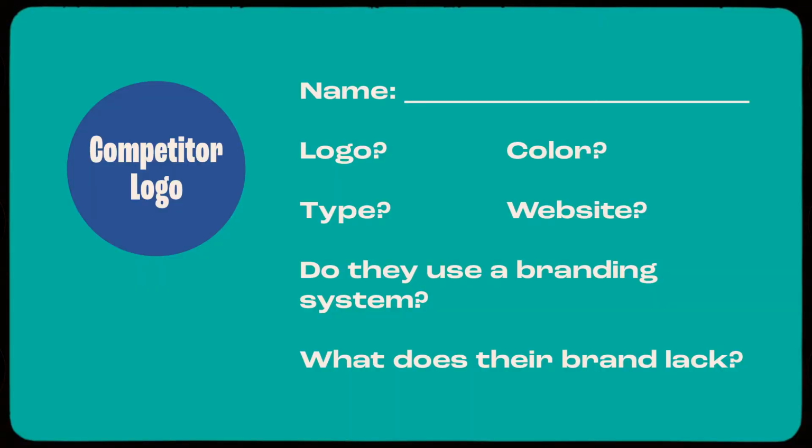So their name, their website, what colors they use, what type they use, all of that aesthetic information. And then you want to analyze what they're doing. Basically, you're trying to find something that's not there, which is kind of hard to train your eye to do, but you're just trying to figure out where your client specifically can stand out.